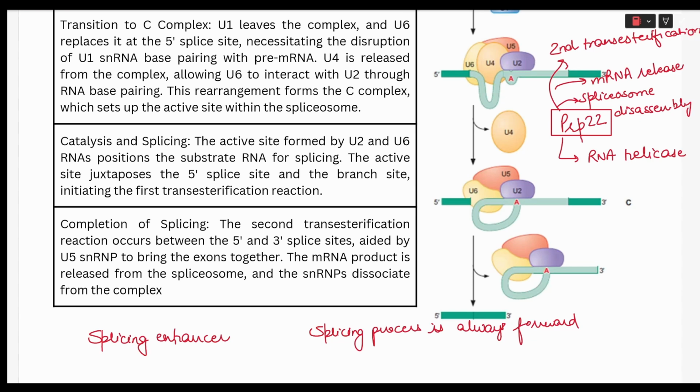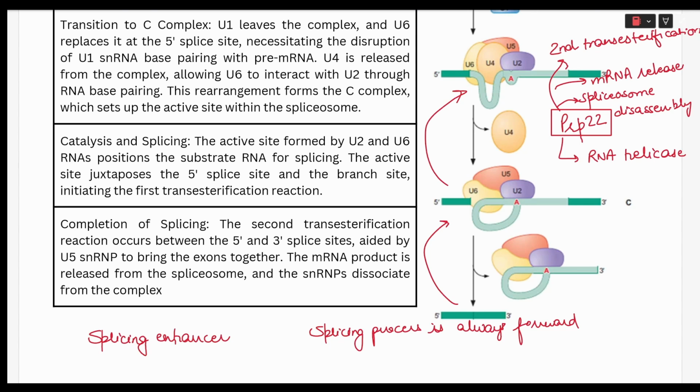Now, if somehow you can mutate PRP22, the splicing can actually go in the reverse direction. So if PRP22 is not there and the spliceosome doesn't disassemble, it can go backward. So technically, this reaction is reversible. But PRP22 ensures that it doesn't go in the backward direction.